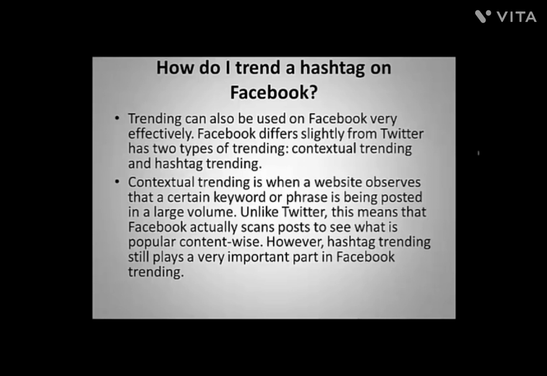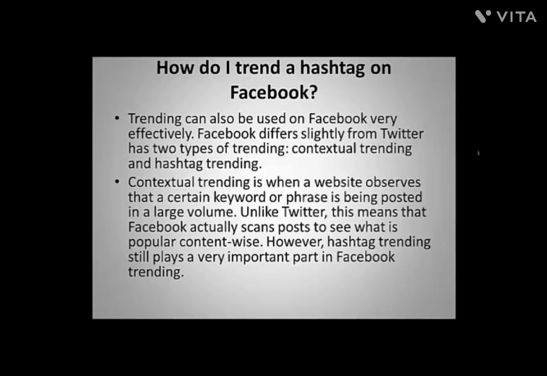But contextual trending is when a website observes that a certain keyword or phrase is being posted in a large volume. For example, if you go on Facebook, in their trends section, you can see that, I believe recently Joan Rivers passed away, unfortunately, but you could see that Joan Rivers was a trend, but there was no hashtag. It was just Joan Rivers.